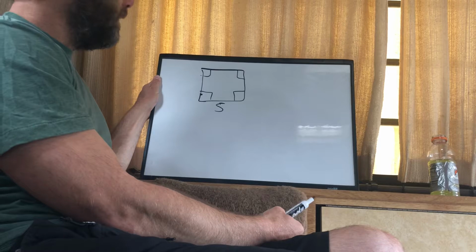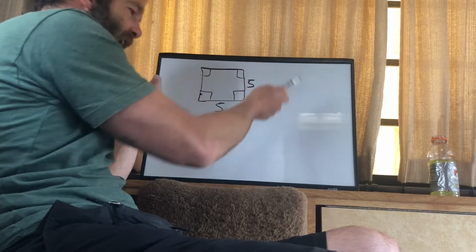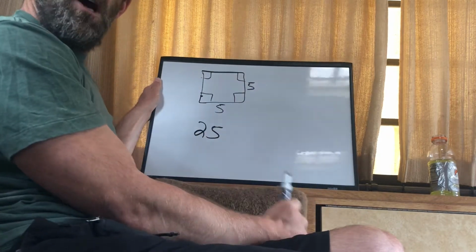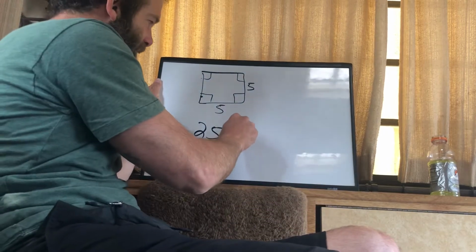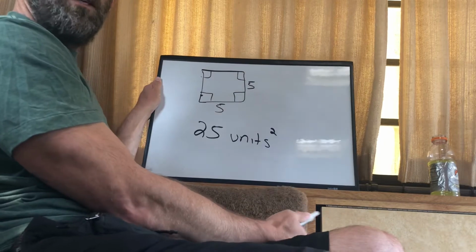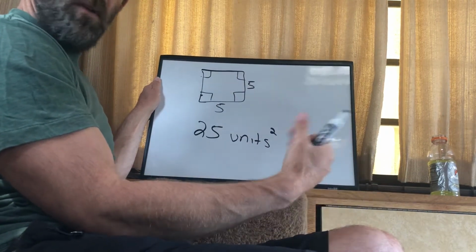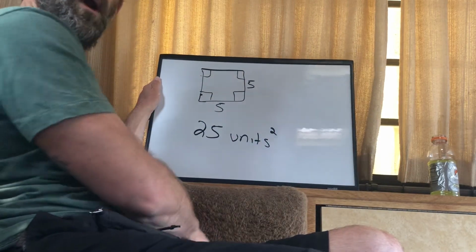Your answer is base times your height, which is 5 as well, so 25. Whenever there is no unit of measure, what you write is 25 units squared, because we don't know the units of measure, but we still have to express in math what the units are. And if we don't know what they are, we just write units. 25 units squared.